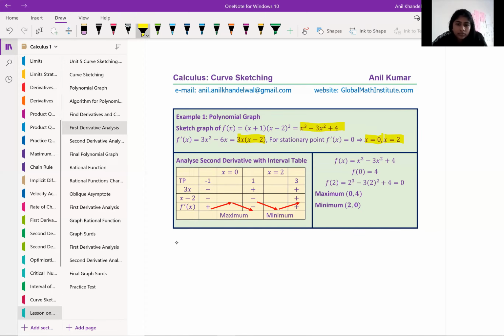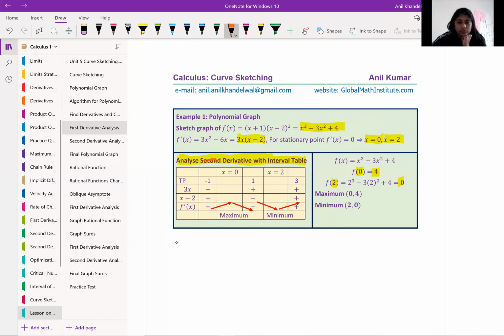It's always a good idea to also find the y values of these points. We know exactly that the points are (0, 4) and (2, 0), correct? But now the major thing is to analyze the first derivative. We are doing the first derivative. So we have to analyze the first derivative for this particular function, correct?